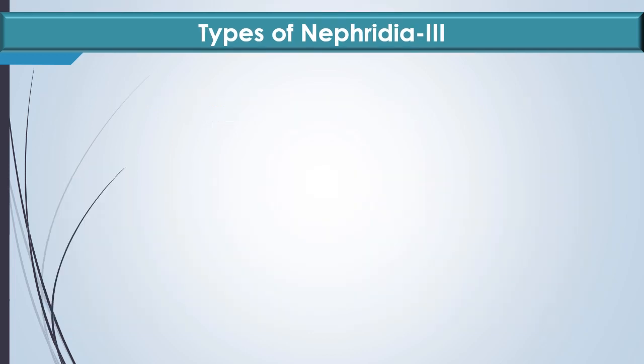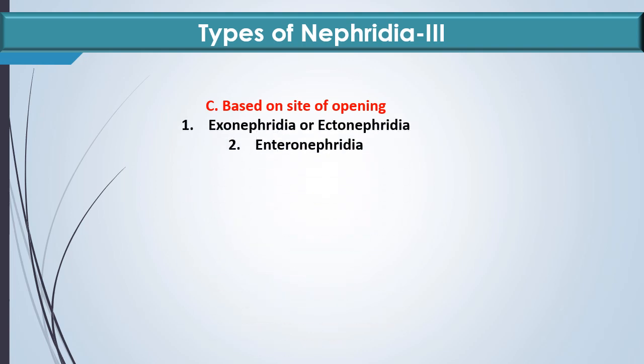The third category of nephridia is based on the site of opening. Based on the site of opening of the nephridiopore, the nephridia are classified into two types, exonephridia or ectonephridia, and enteronephridia. The exonephridia directly open to the exterior.